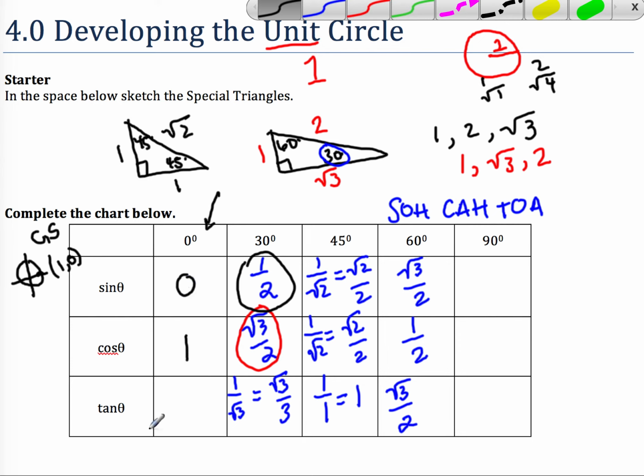Well, we can figure out tangent because we all know we get tan in Southern California. That's how I remember it. So it's sine over cosine. So tangent of 0 is 0 over 1, which is 0. Now let's take a look at our 90. We can again relate this to our unit circle. 90 degrees is here.